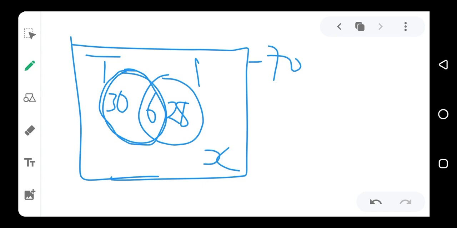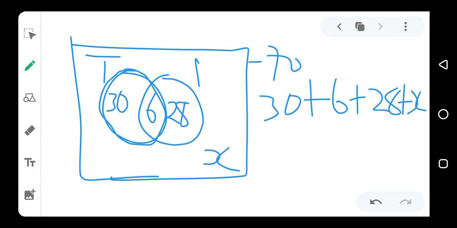So we are now going to say that 30 plus 6 plus 28 plus X is equal to 70.